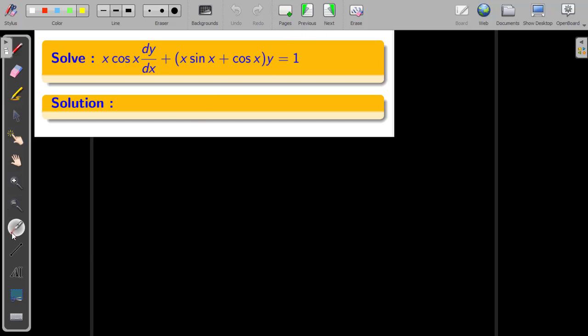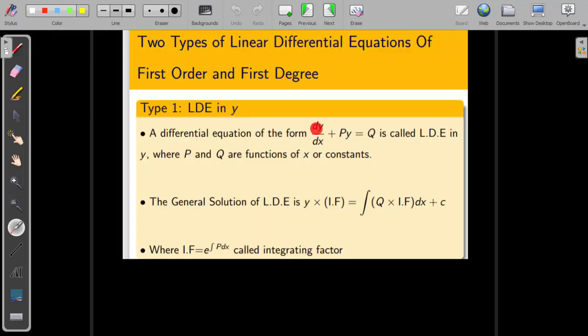This is example number 1. Solve: x times cosine x times dy by dx plus (x sin x plus cosine x) multiplied by y equals 1. If we compare this equation with the standard form, the requirement is that the coefficient of dy by dx is 1, the second term is py, and the right side is q.